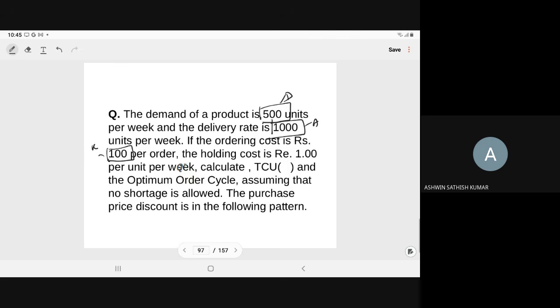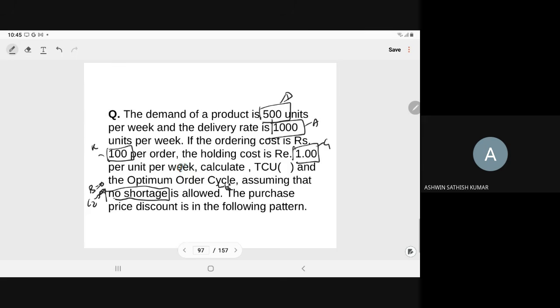The holding cost is rupee 1 per unit per week, that is C1. Calculate the TCU and optimum order cycle, that is T naught star, assuming no shortage is allowed, meaning B is equal to 0 and C2 tends to infinity.